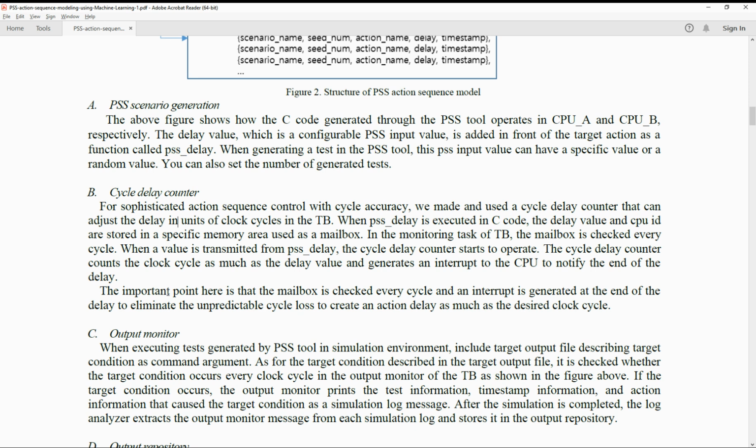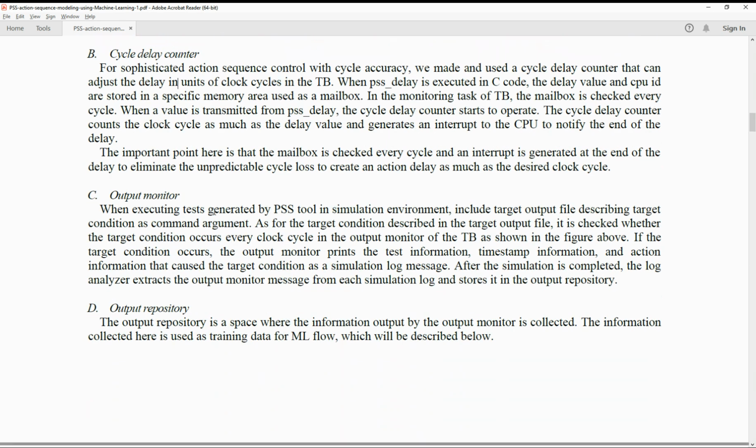The important point here is that the mailbox is checked every cycle and an interrupt is generated at the end of the delay to eliminate the unpredictable cycle loss to create an action delay as much as the desired clock cycle.